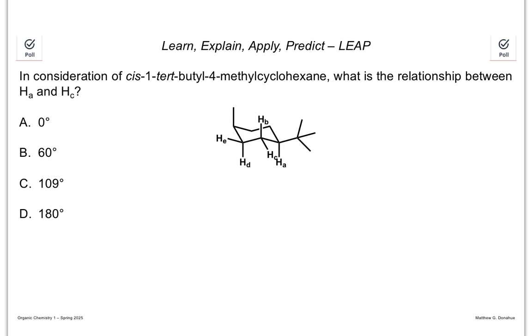So this is HA to HC. We have an axial and an equatorial. Both are down. So down and down. We know the angle can't be 0 because that means they're eclipsed.